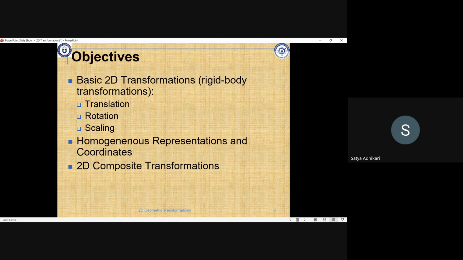You can first apply rotation followed by scaling. This is known as composite transformation. If you apply more than one transformation to one body, this is called composite transformation. For composite transformation, we need a homogeneous representation of coordinates. Let us see what is homogeneous.